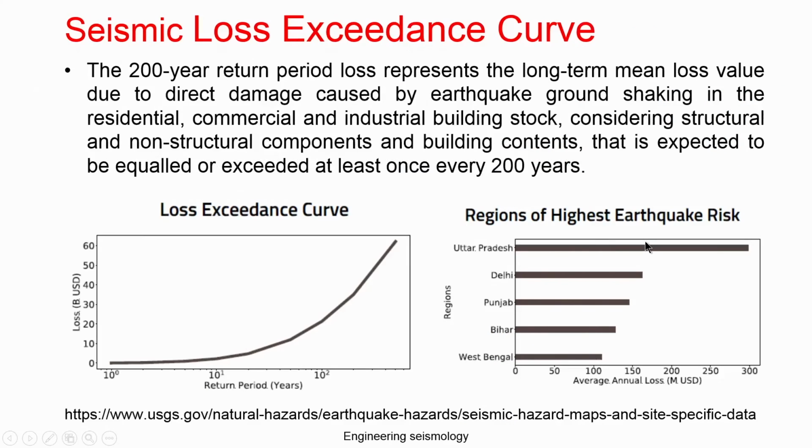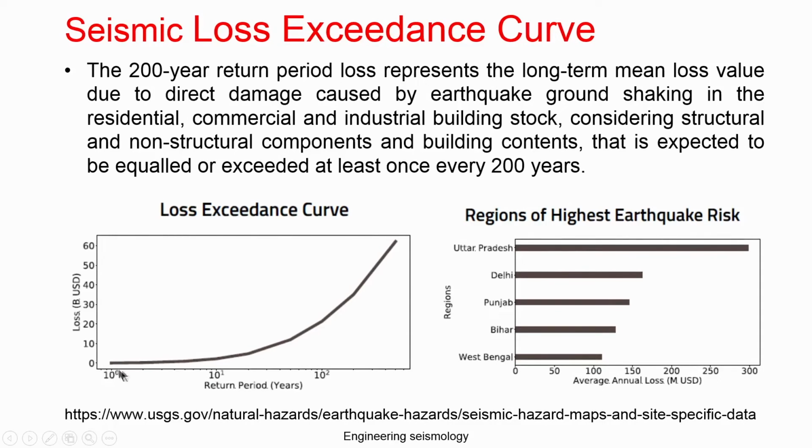The 200-year return period loss represents the long-term mean loss value due to the direct damage caused by earthquake ground shaking to residential and commercial stock, including non-structural components and building contents. If you want to make a long investment, you will have more loss.